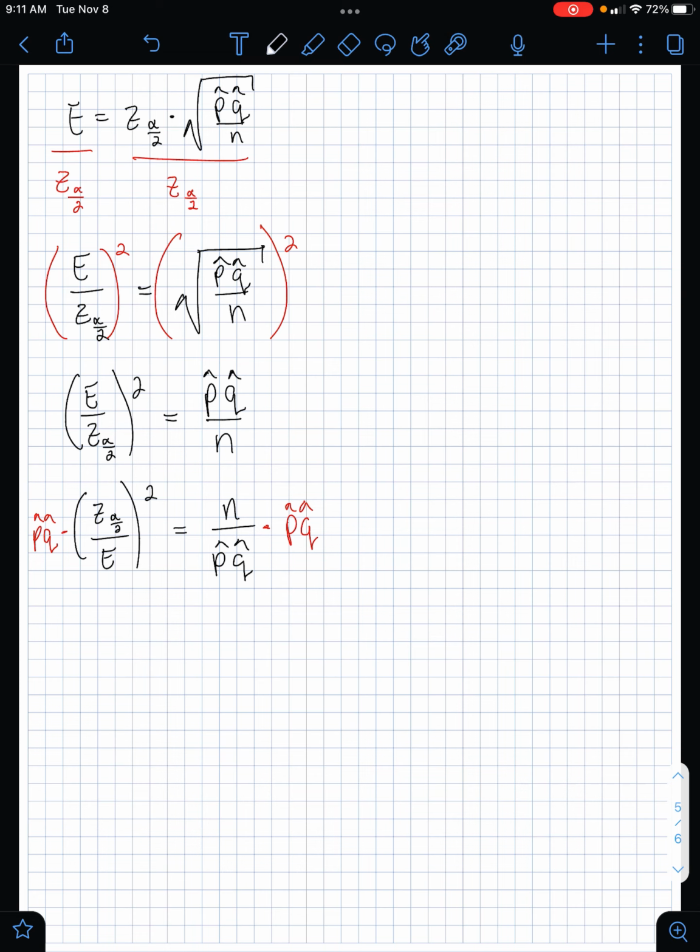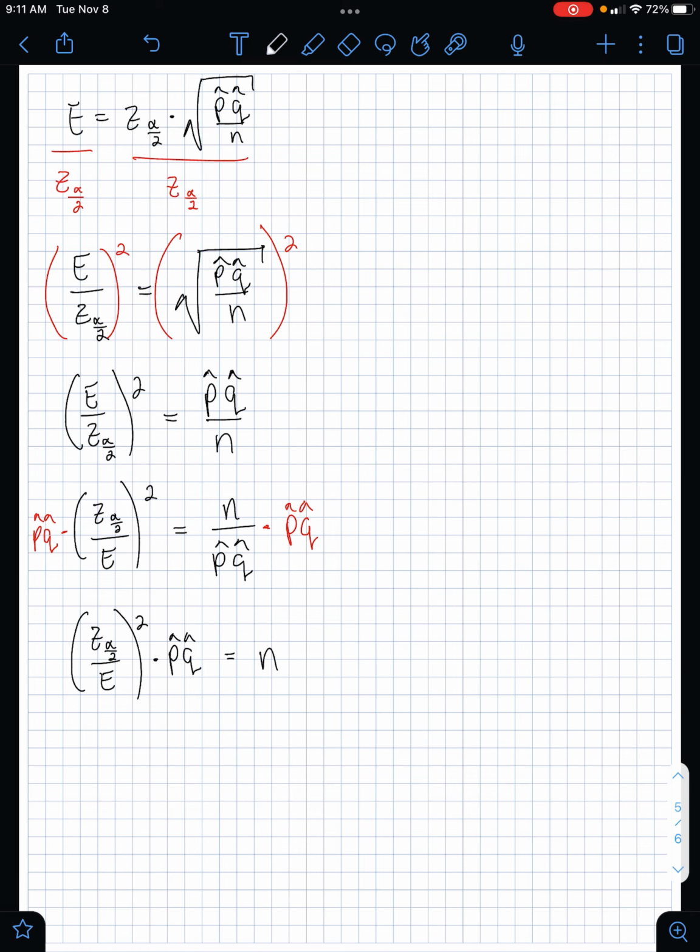Now there's a couple of different ways to write this. z sub alpha over 2 over E, squared, times p hat q hat equals n. Another common way this is written, instead of having a fraction times the p hat and the q hat, is all in one big fraction.